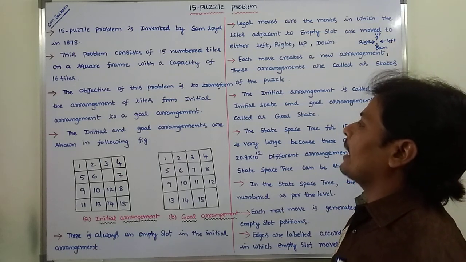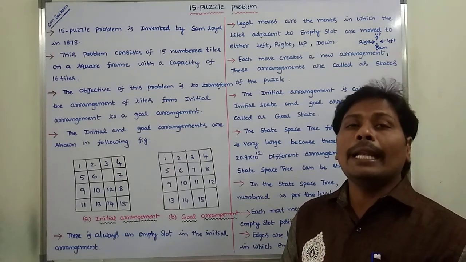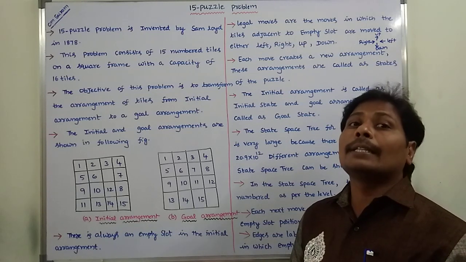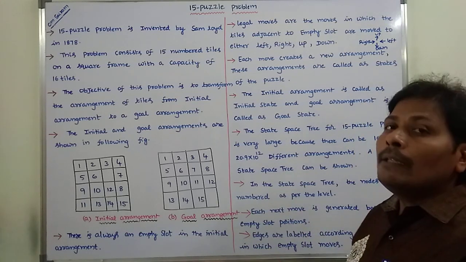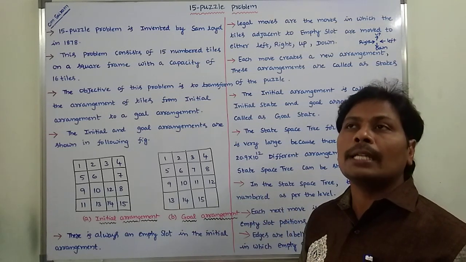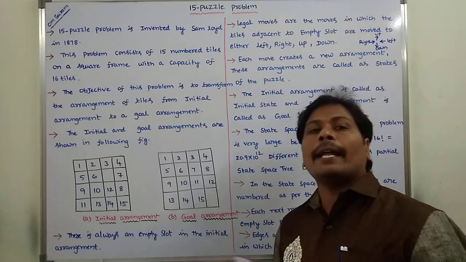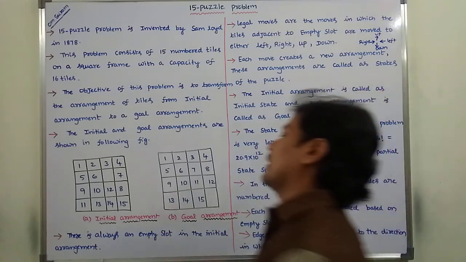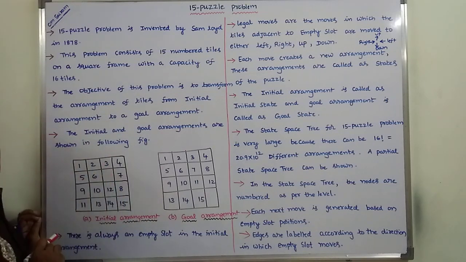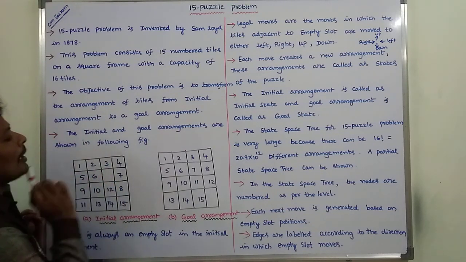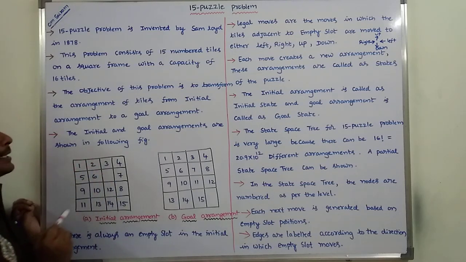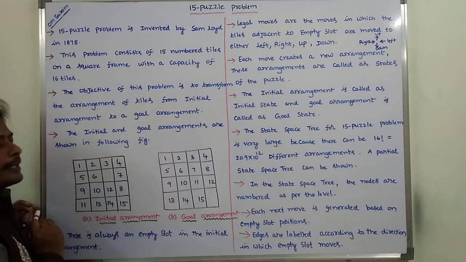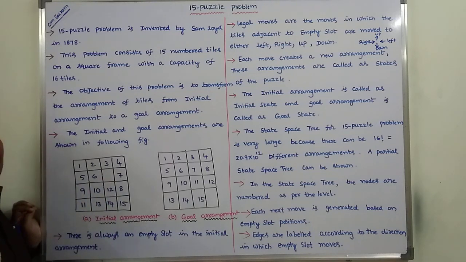Next one is legal moves. Legal moves are the moves of tiles adjacent to the empty tile, either in the up direction, down direction, left direction or right direction. So this is the empty slot. For this empty slot, what are the adjacent tiles? 3 is an adjacent tile, 7 is an adjacent tile, 6 is an adjacent tile and 12 is an adjacent tile.